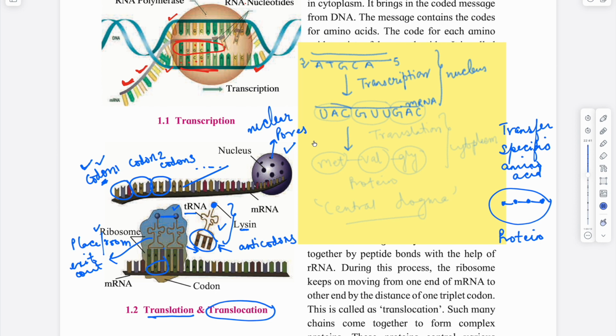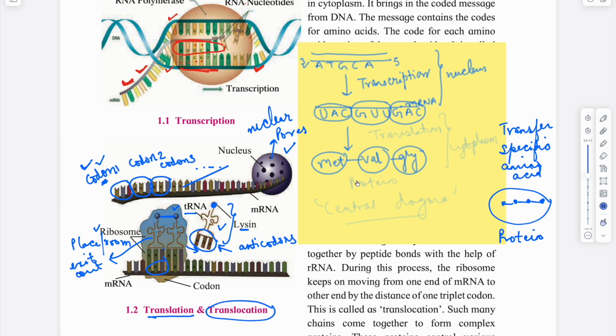Now these triplets of bases are known as codons, and they are specific to some amino acids, right? Say for example, UAC is specific for methionine. GUU is specific for the amino acid valine. GAC is specific for an amino acid, say for example glycine. All these amino acids will be joined together. A polypeptide, or a long chain of amino acids, will be produced.